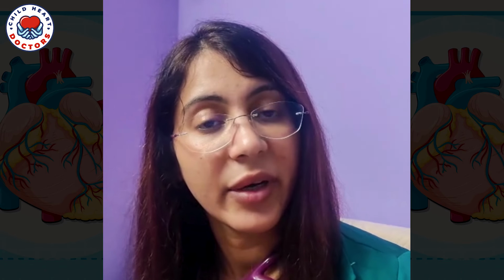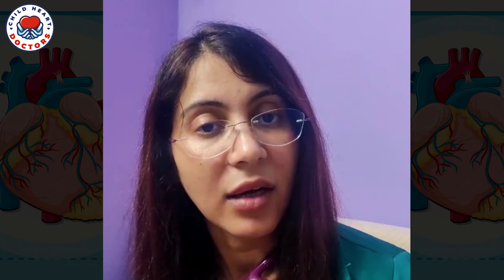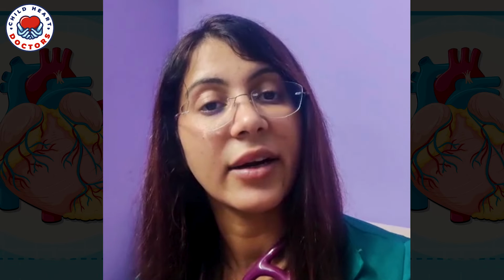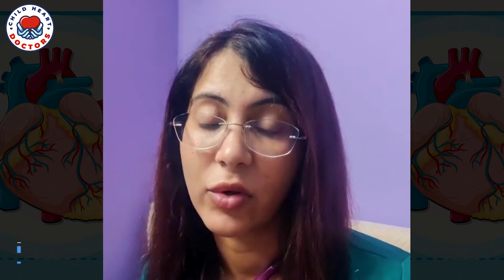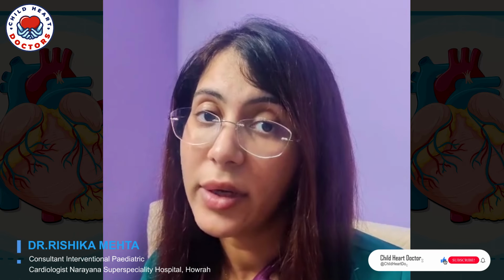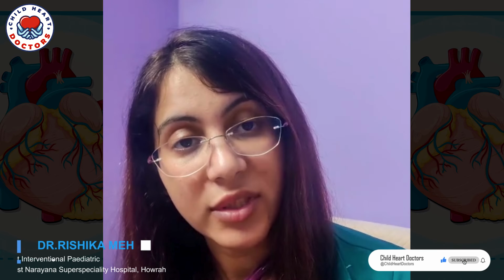As I told previously, there is a pulmonary artery which supplies the lungs from the right side of the heart. So mostly in blue babies, the pulmonary artery becomes narrow. The most common cyanotic heart disease is tetralogy of Fallot. That is where there is a large VSD, a hole in the heart between the lower two chambers.